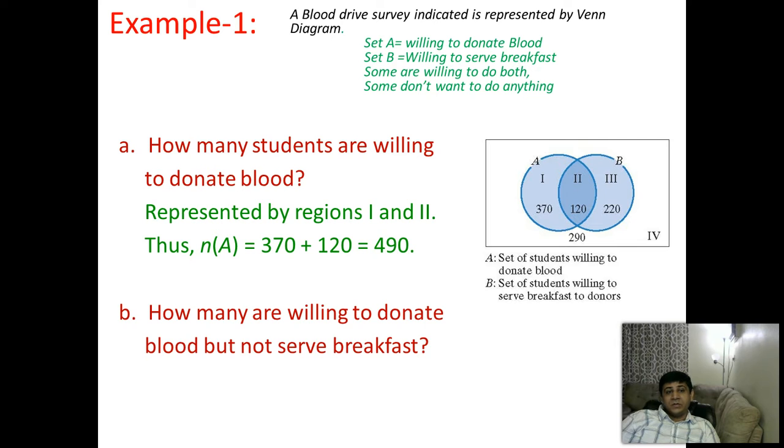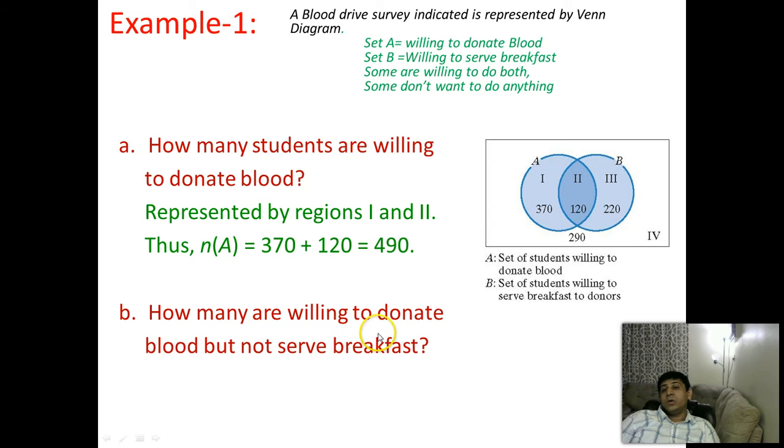How many students are willing to donate blood but not serve the breakfast? Now it will be our region 1 only. This whole circle A is for people who want to donate blood. This is the intersection here. They want to donate blood and breakfast as well, but we do not want to include the breakfast here.